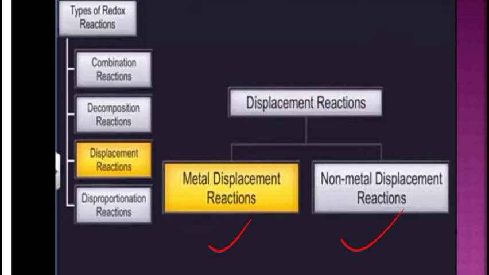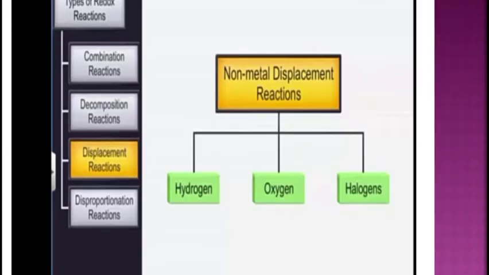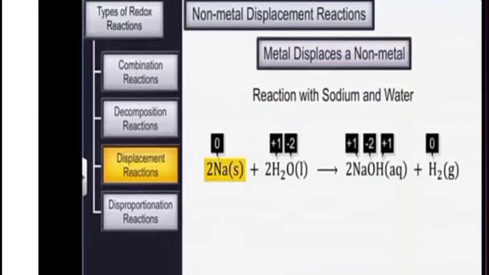If a non-metal is displaced, we call it non-metal displacement reaction. Further, non-metal displacement reactions are classified as metal displaces a non-metal from its compound, and non-metal displaces a non-metal from its compound. We'll see that. Non-metal displacement reactions displace hydrogen, oxygen and halogens.